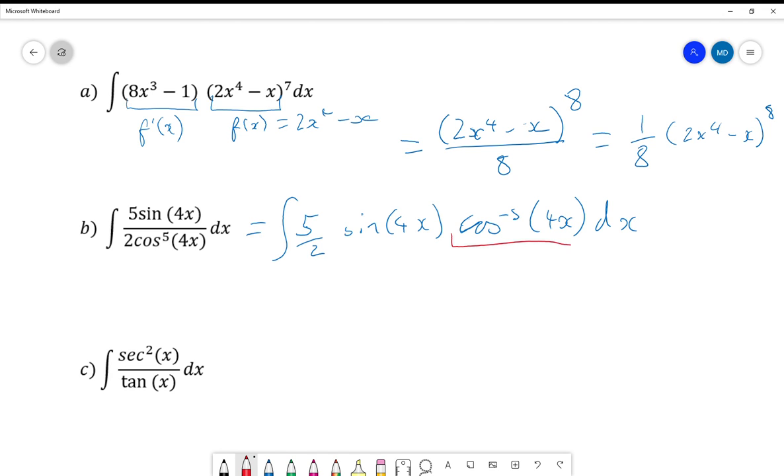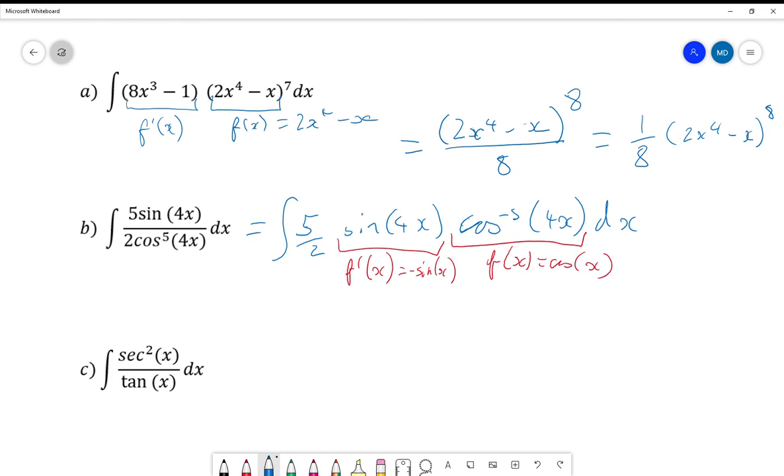We've got our cosine here, which is our f of x, and we have our sine, which is almost the derivative, and in fact our f dash of x is equal to minus sine of x. Okay, and so from there, this allows us to use our reverse chain rule.